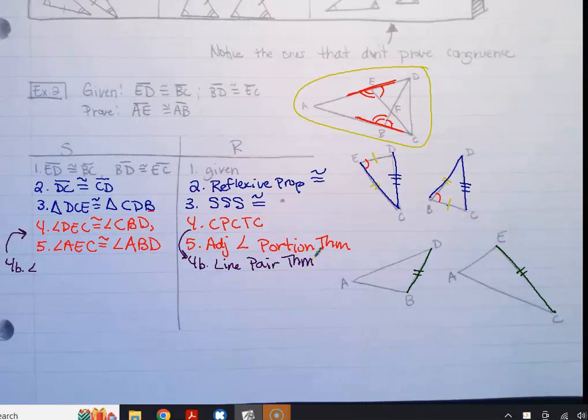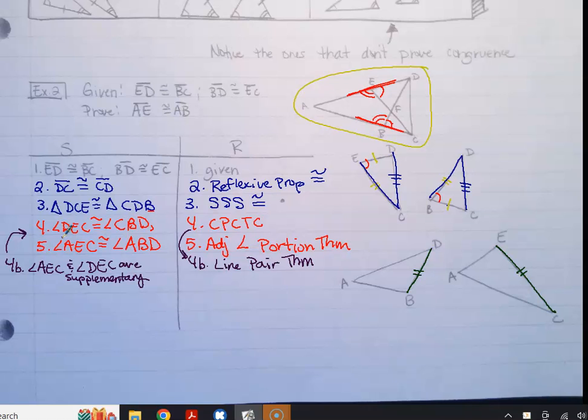So angle AEC and angle DEC are supplementary. Are you guys with me? We need to state that before we jump into this one.